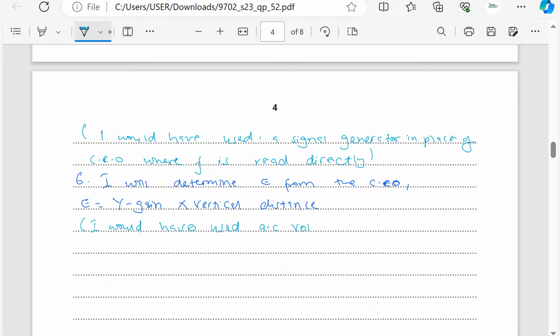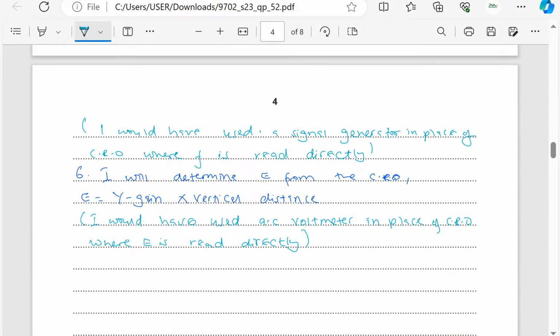You can't use a normal voltmeter to measure the alternating voltage which is induced in coil Q. So it must be an AC voltmeter, in place of the CRO, where for the AC voltmeter, E is read directly.